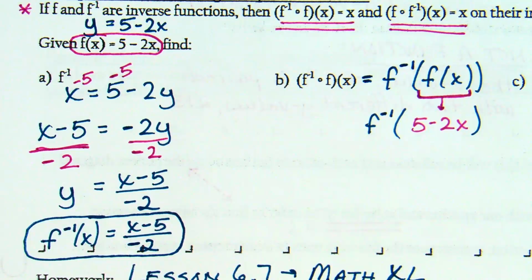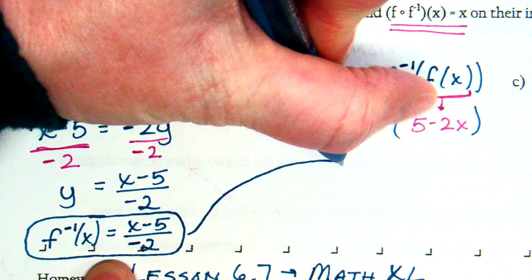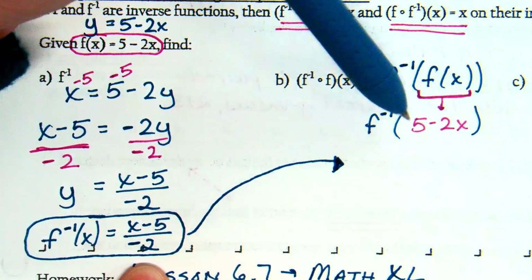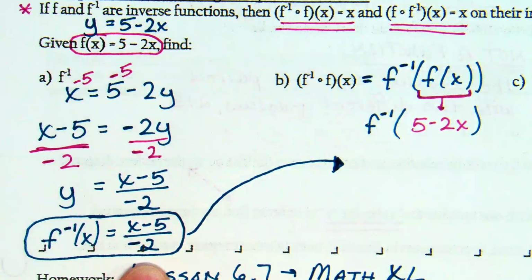Or think about it this way. F inverse of x is something minus 5 divided by negative 2. What am I putting in for something? 5 minus 2x, because we're putting in whatever f of x is, and f of x was 5 minus 2x.